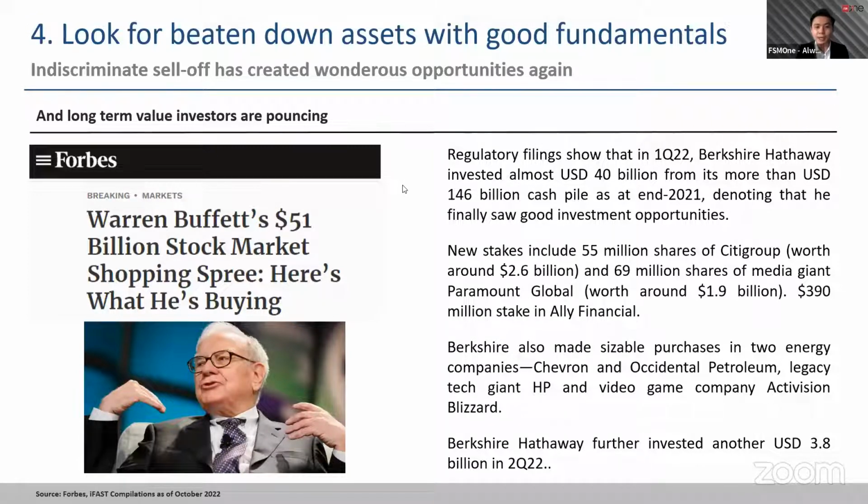So Warren Buffett has been a man of his words, as he is greedy when other people are fearful. And so we advise investors to look for beaten down assets with good fundamentals.